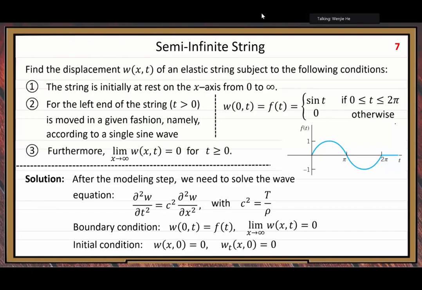The W function has two variables, so you have two different partial derivatives. When we apply the Laplace transform, we can only apply it on one variable, by the definition. We cannot apply it on two variables. So we need to select the t variable or the x variable, and we need to do it carefully.